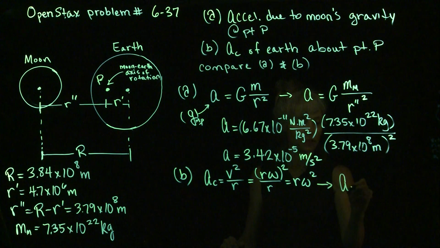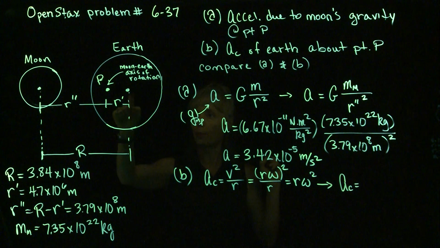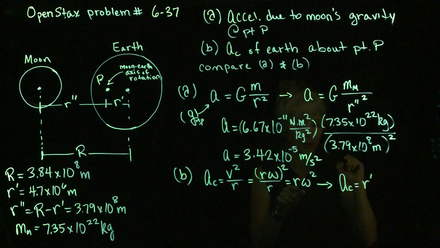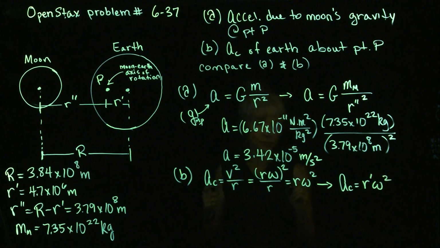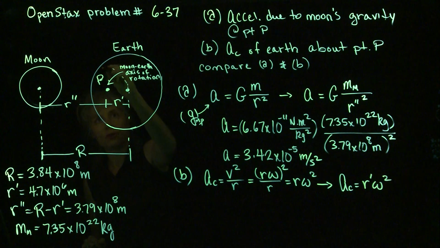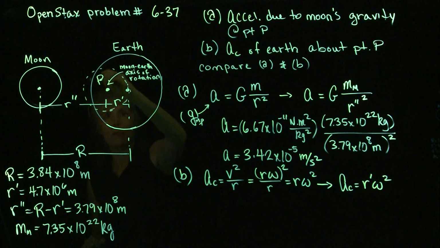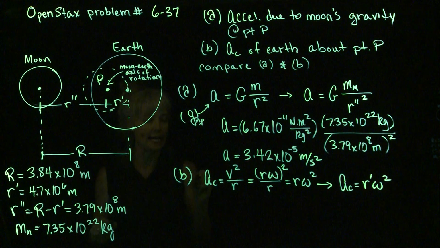So the centripetal acceleration of the Earth about point P is going to be how far the center of the Earth is from point P, and the center of the Earth is designated as r prime in this drawing. So instead of r, I'm going to put an r prime there. And then we need to calculate what omega is, okay? So the Earth completes one full rotation, the center of the Earth completes one full rotation about point P every 27.3 days.